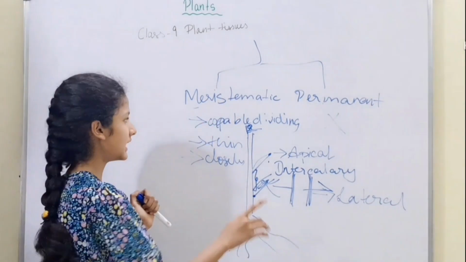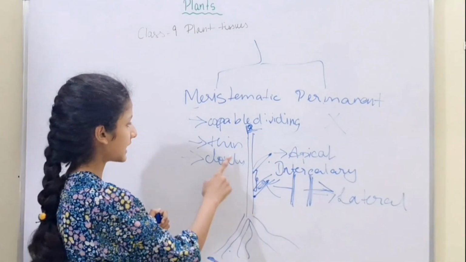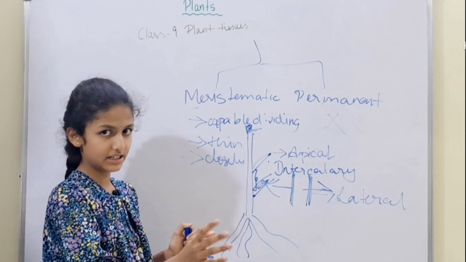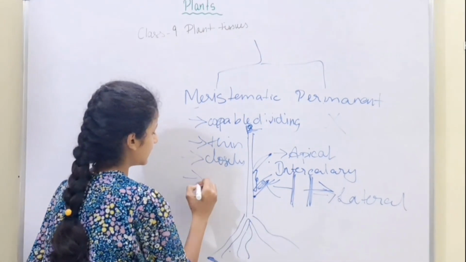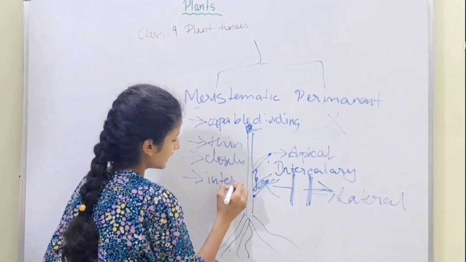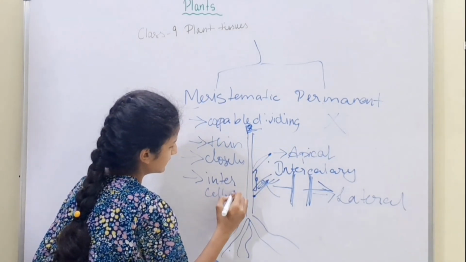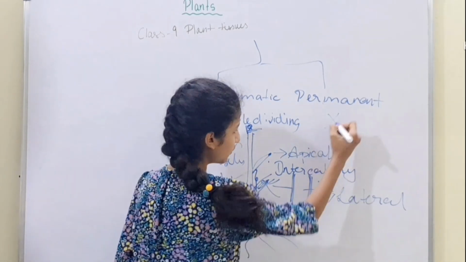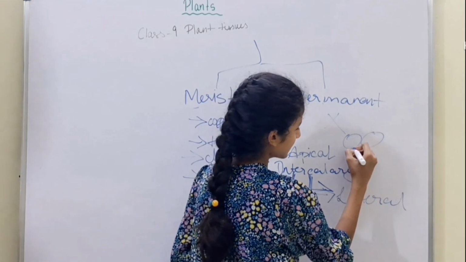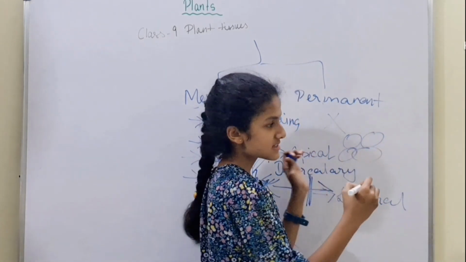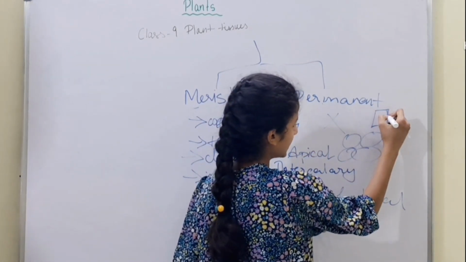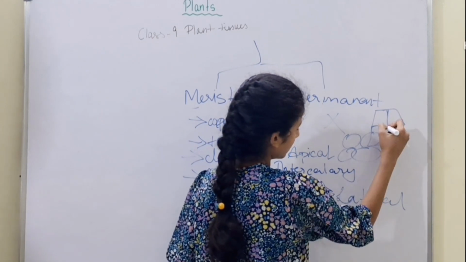First main feature is that they are capable of dividing. Second, they are thin walled, compactly arranged, and they lack intercellular spaces. What are intercellular spaces? Between two cells, sometimes spaces will be there. Sometimes they are so compactly arranged that there are no spaces.